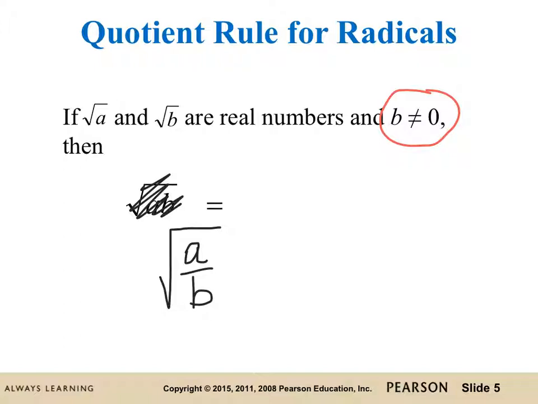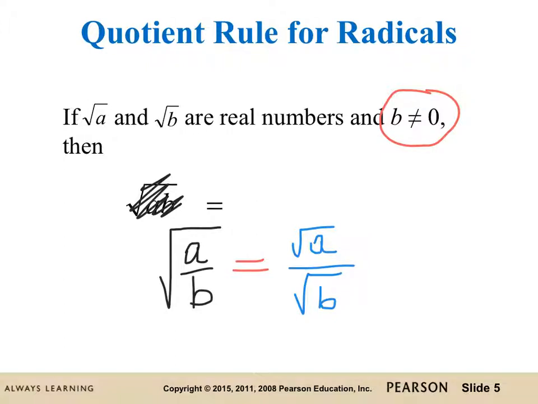As long as B is not equal to 0 and the square root of A and the square root of B are real numbers, then we can simplify the square root of A over the square root of B by taking the radical alone with A and divide by that same radical alone with B, just like we did with multiplication.